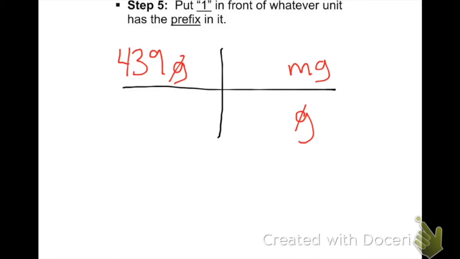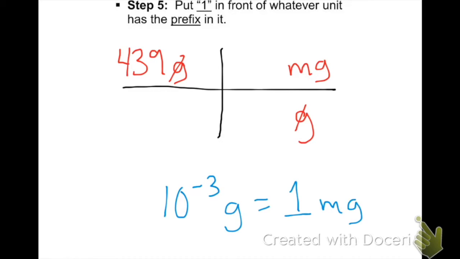But remember, our conversion factor stated 10 to the negative third grams equals 1 milligram. Because our conversion factor has a 1 in front of milligrams, that is the value we're going to place in front of milligrams. That's why we place a 1 in front of the unit that has a prefix in it. You can probably guess what we're going to place in front of grams, because that's what's in our conversion factor.